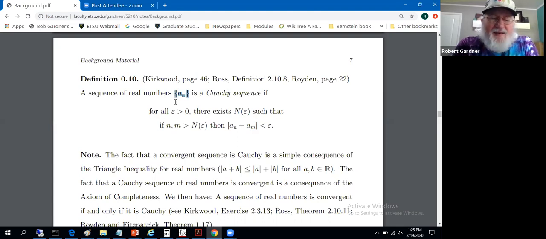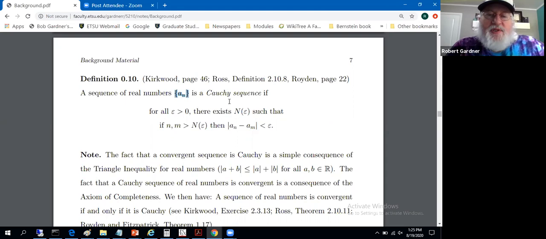A set doesn't repeat elements, and a sequence can. In a set, the elements don't come in any particular order. And in a sequence, the most important property of the sequence is the order. So maybe set brackets aren't the best notation. They're a common notation. That's what I'm going to use. Royden, I think, uses set brackets.